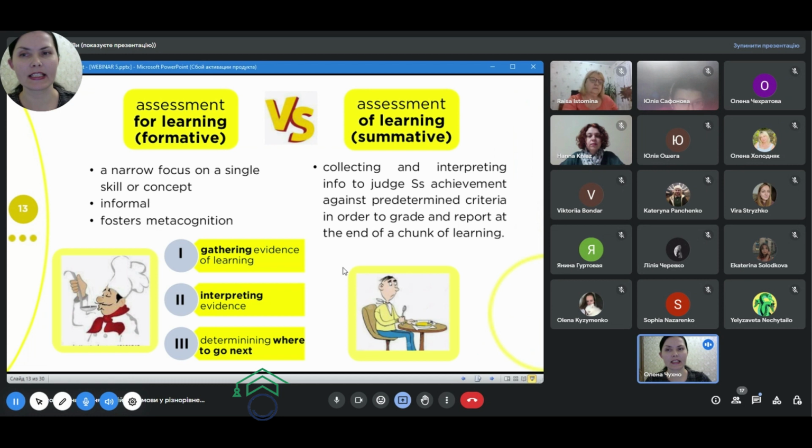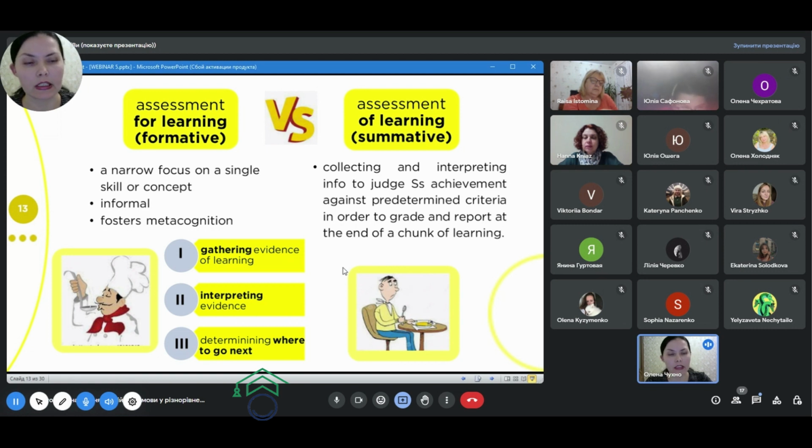Two more types: assessment for learning, formative assessment, and assessment of learning. So assessment for learning, formative, typically focuses on a single skill or concept. Present simple, for example. You're teaching present simple, so you need to understand whether your students internalized the knowledge, and you conduct a formative assessment activity.